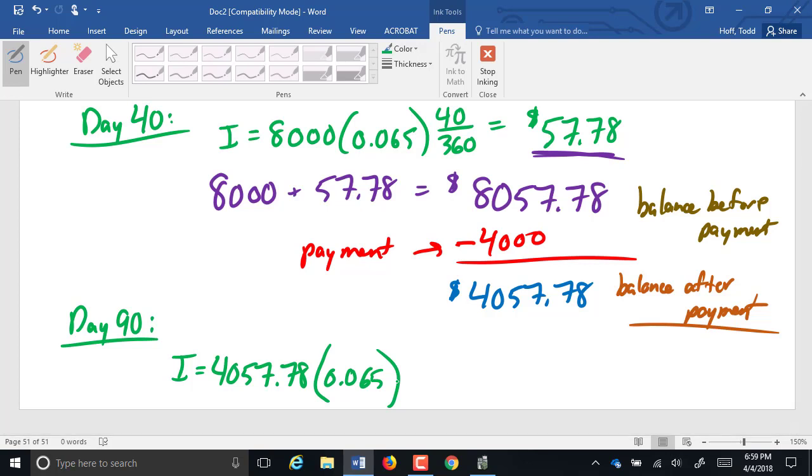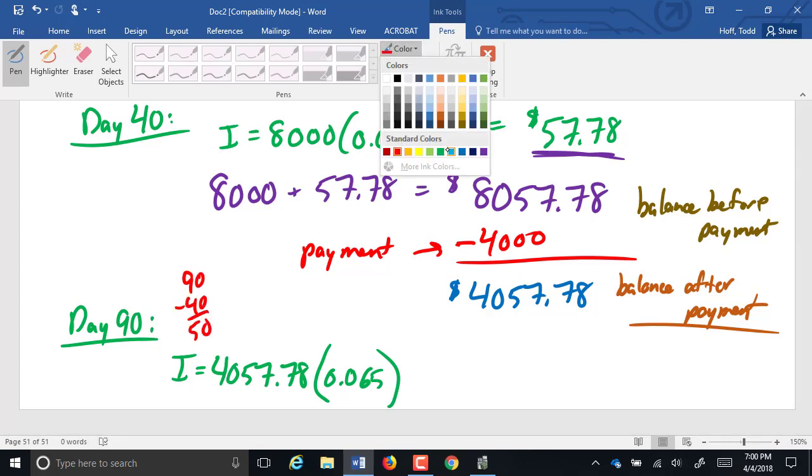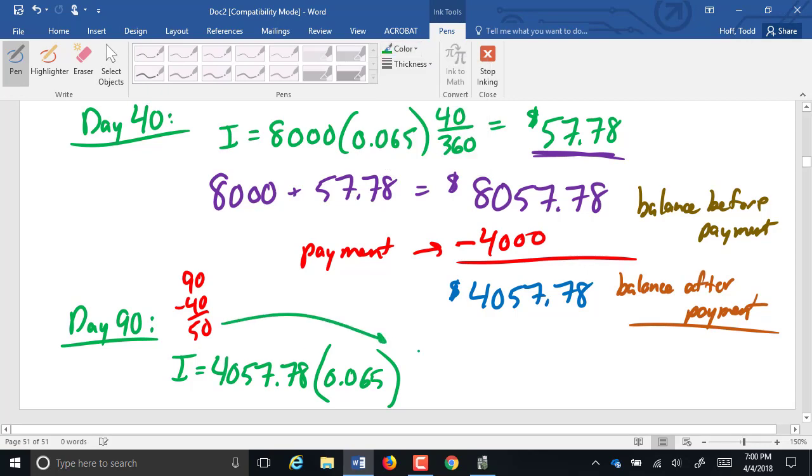No, because we've already done 40 days. 90 minus 40, there's 50 days left. So that is 50 over 360.